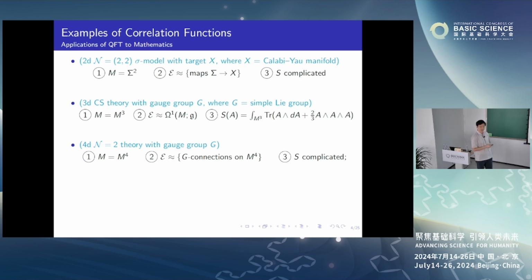As I said, you need to fix input data, so you need to think of sections of a bundle. In the 2D case, you think of maps. In the 3D case, you consider connections, which you may think of as one-forms. And in the 4D case, you also think of G-connections.